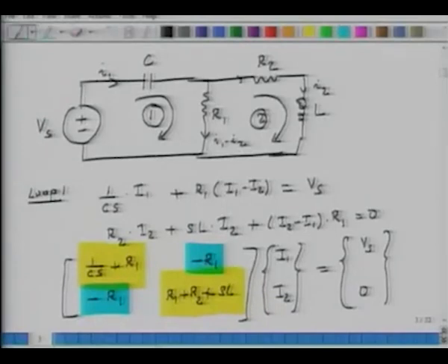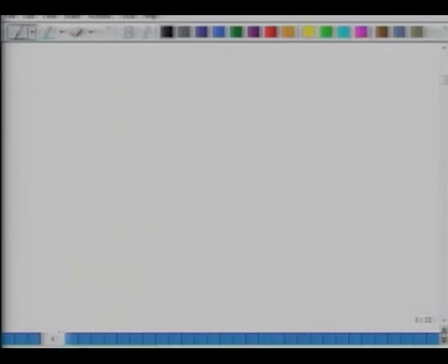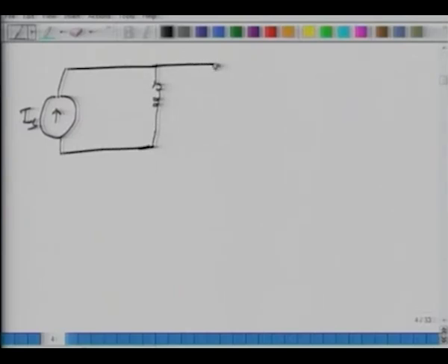Now we consider another circuit. Here instead of a voltage source, I have a current source, IS, and the circuit looks something like this. The value of this inductance is L, these are resistors R1 and R2, and then I have a capacitor.